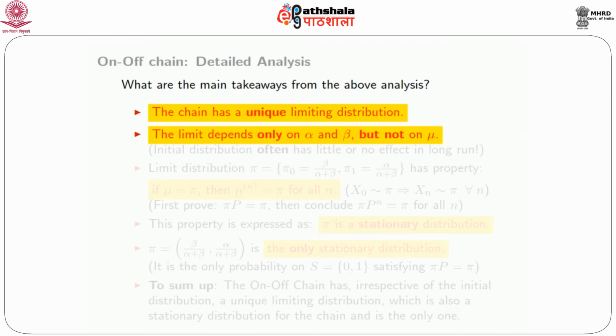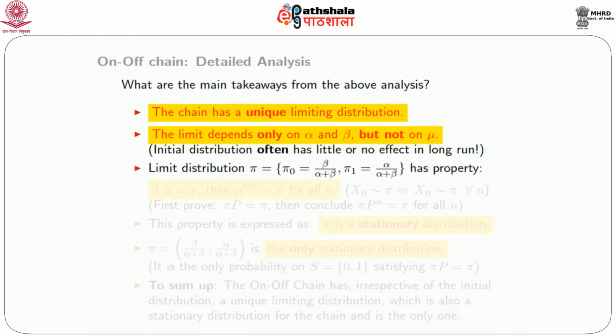This is not so surprising anyway, because as we will see later, initial distribution often has very little or no effect in the long run. Next, the limit distribution that we got, which we can call pi, where pi 0 is beta over alpha plus beta and pi 1 is alpha over alpha plus beta, has another very interesting property.